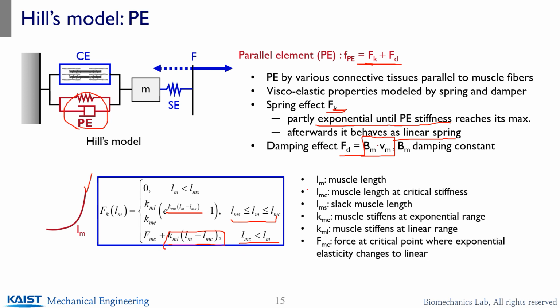So this is one simple example of how we can formulate the parallel elements, and those are all modeling parameters for the stiffness effect. The parameters are set to make a continuous change between those regions. Like when the muscle is slack, there is no force applied. Between the slack and the critical value it is exponential, after the critical value it turns linear, and the parameters make it vary continuously.